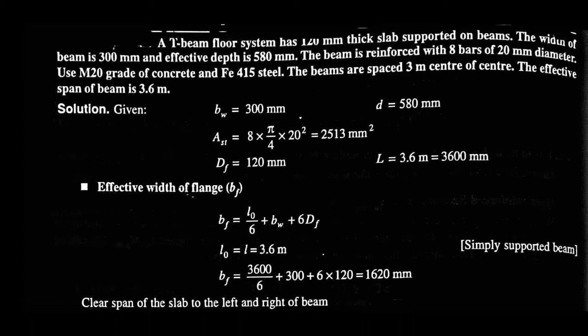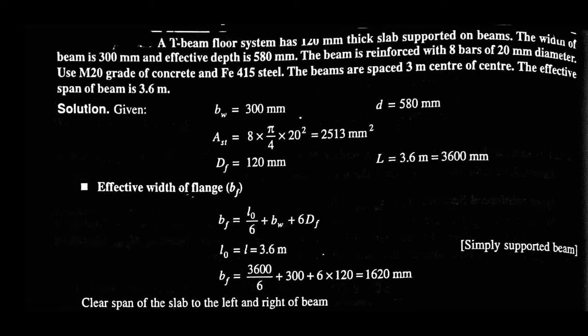So, as per question, we have some given data, that is bw, width of web, that is 300 mm, depth is 580 mm. Now we can calculate area of steel because number of bars and diameter of bars are given.